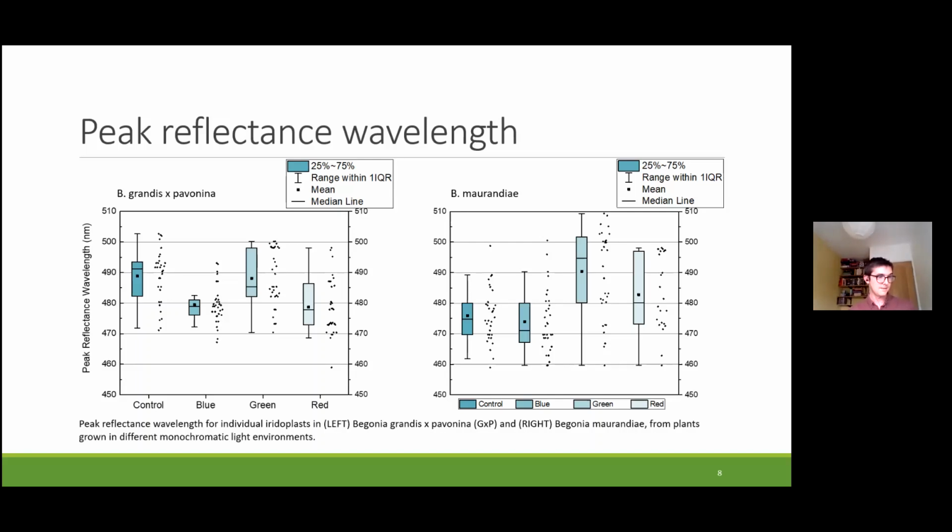For Morandiae, we see a bit of a jump to near 500 nanometers for the green light group compared to the control, but apart from that, all of the other groups are very spread out, and it looked like Morandiae really didn't respond as strongly as GXP here.